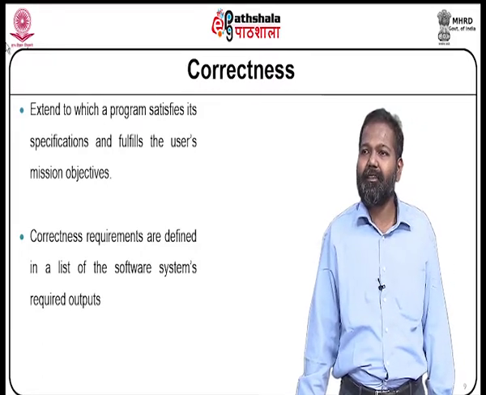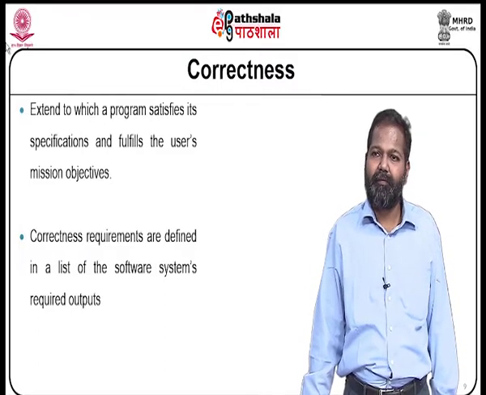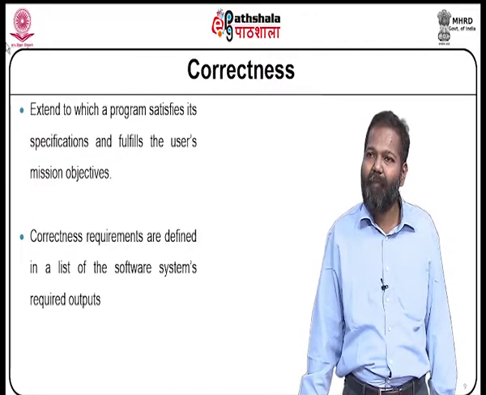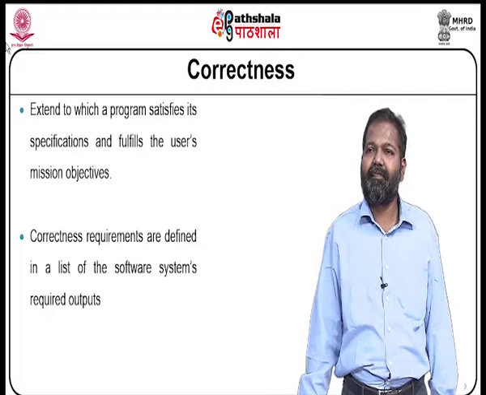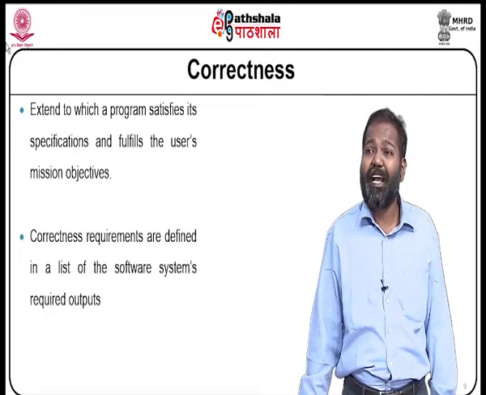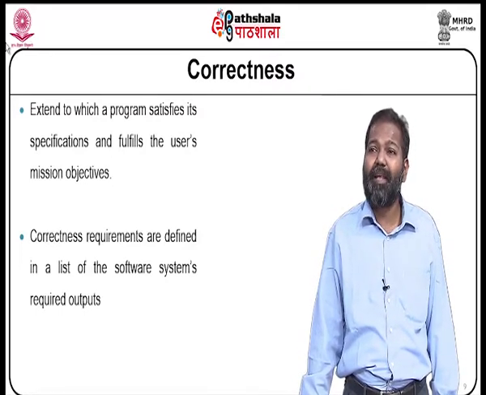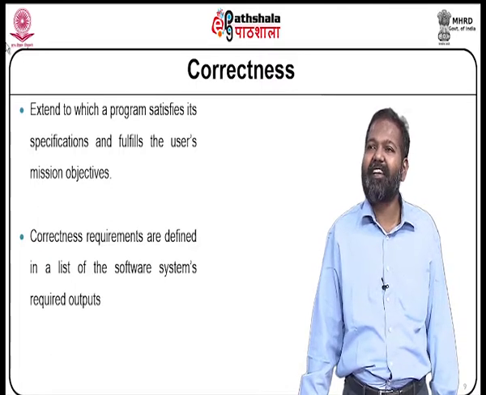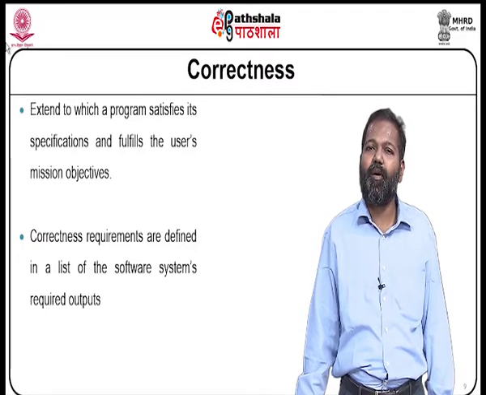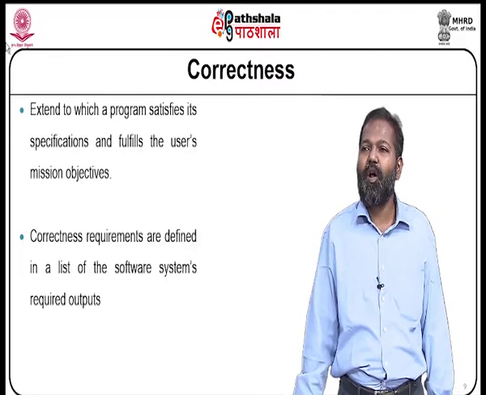We are aware that during the analysis phase, the system analyst identifies the requirements and prepares a software requirement specification document, which is a legal contract between the client and the developer. Any issues can be resolved only by referring to the software requirement specification document.